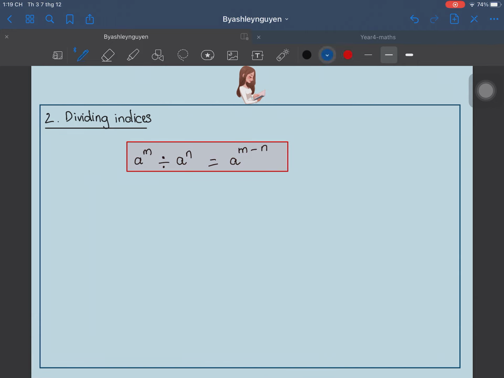For example, x to the power 7 divided by x to the power 5. Mathematicians prefer to write it in the form x to the power 7 over x to the power 5, but both representations are the same. It equals x to the power 7 minus 5, which is x to the power 2.